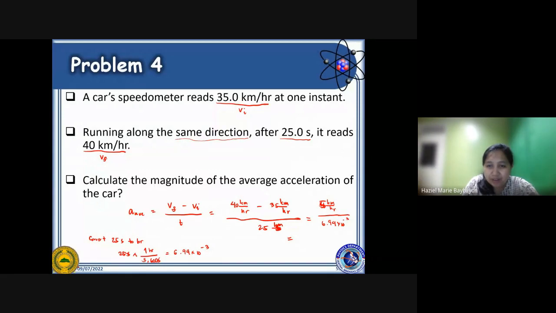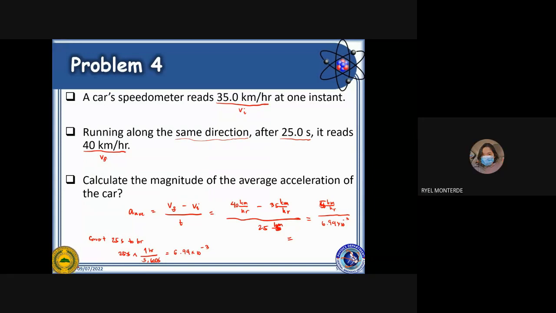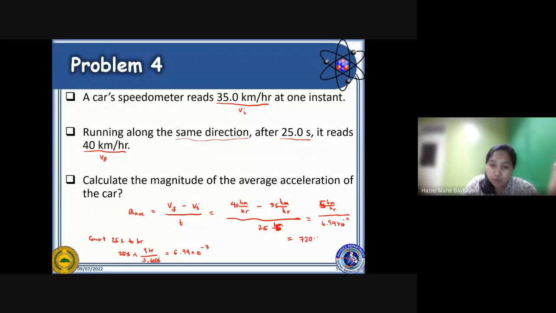So 5 divided by 6.94 times 10 to the minus 3 is 720.46. The unit is hour, no? Kilometer per hour squared. Okay? We can also convert this fully to meters per second squared, but I guess we do not have time for that.